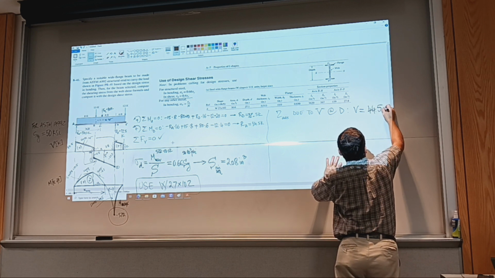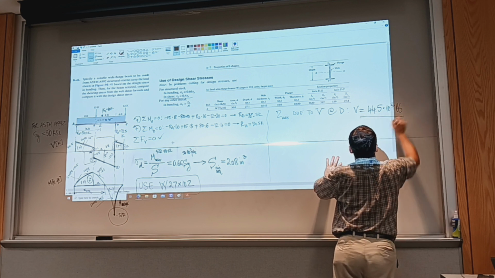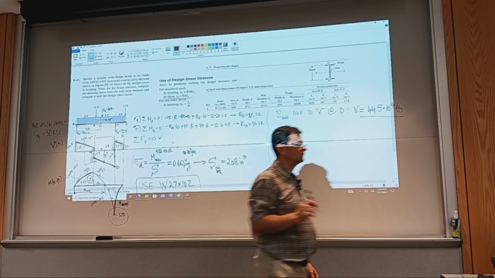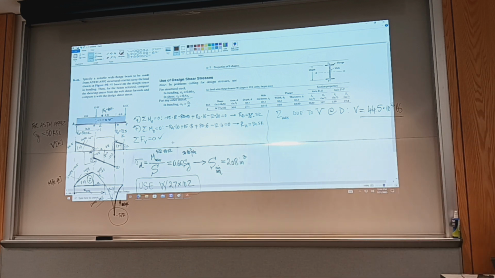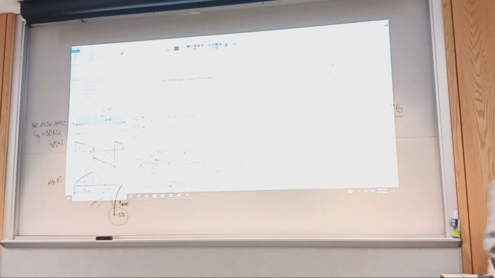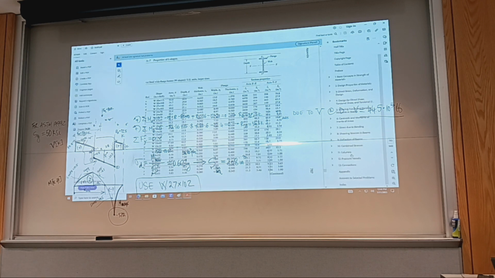44.5 times 10 to the power 3 pounds. Okay. This is a wide flange section, and we're going to use the available formula for stress due to shearing stress in beams.